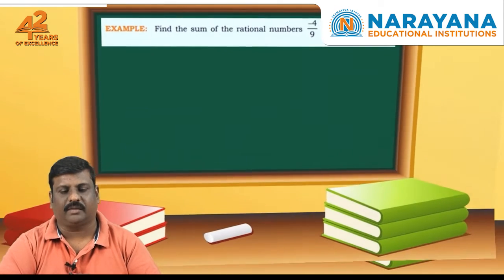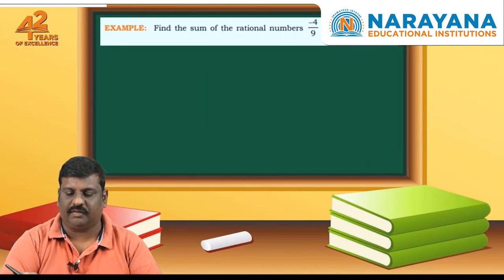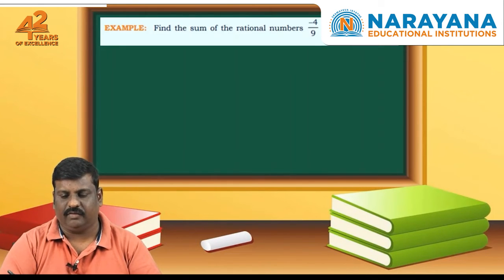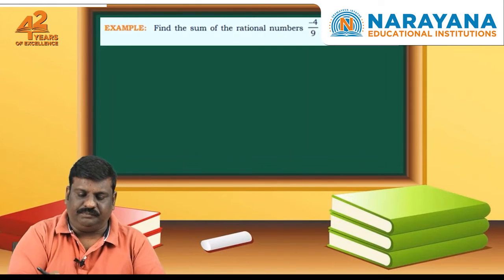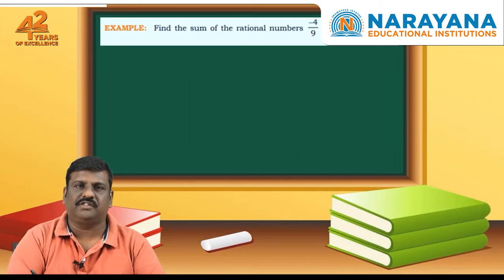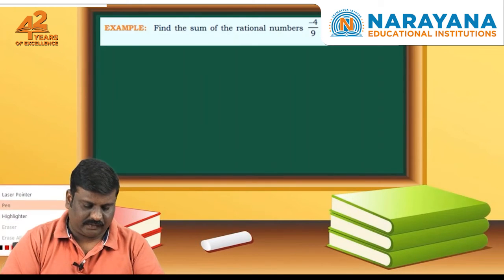Now take an example. Find the sum of the rational numbers given: minus 4 upon 9, 15 upon 12 and minus 7 upon 18. First, write down what is given.